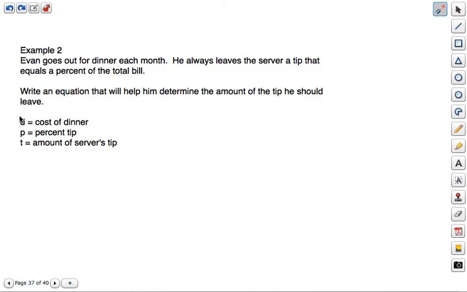Okay, and our given information is D is the cost of dinner, so whatever he's paying for that dinner. P is going to be the percent tipped, and T is going to be the total amount of the server's tip.